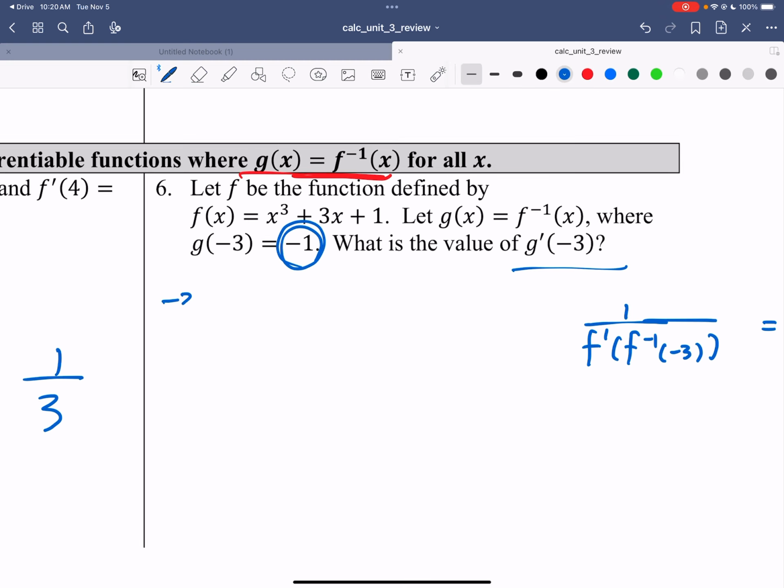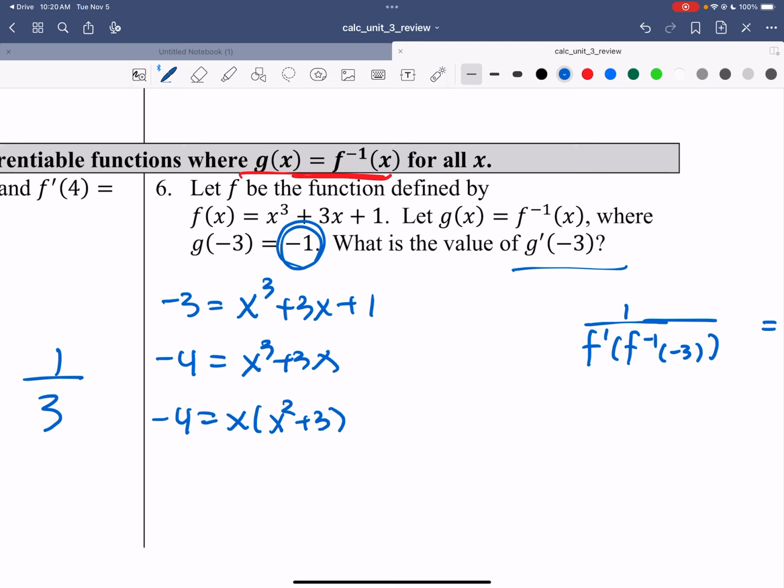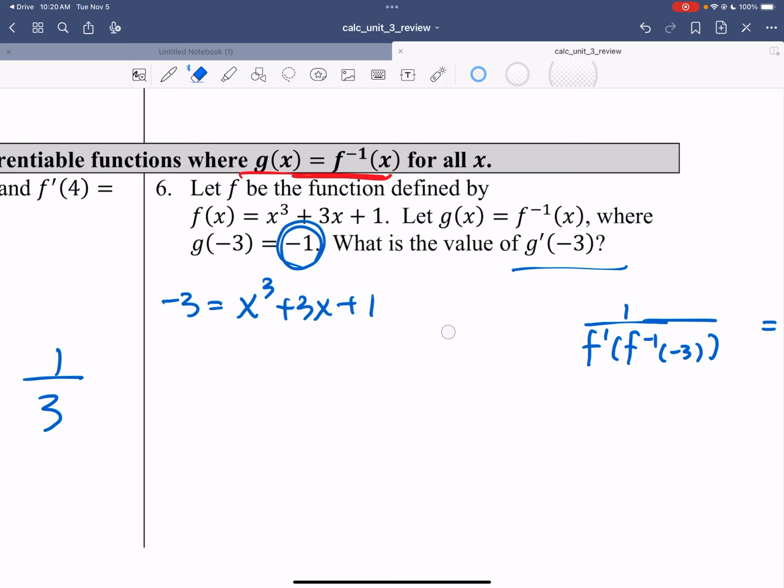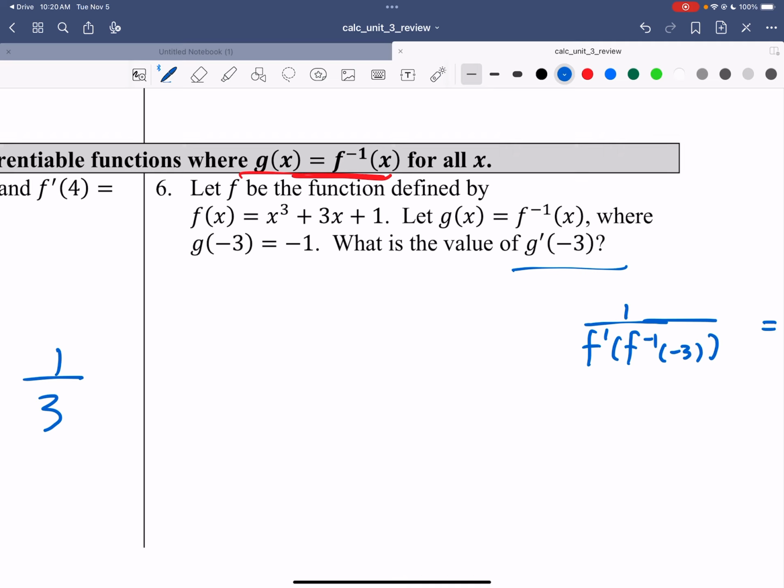Even if you do this, you will get it eventually anyway, because you're going to get negative 4 is equal to x to the third power plus 3x, and then after that, if you use the quadratic formula or whatever you want, you're going to get negative 1. But these two are inverse to each other, and they already gave it to us.